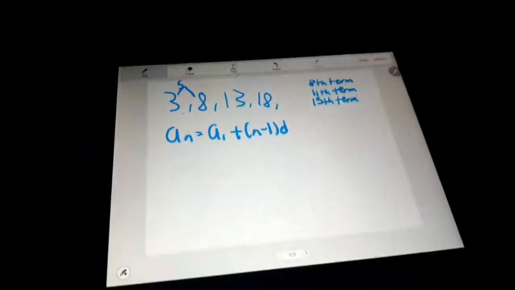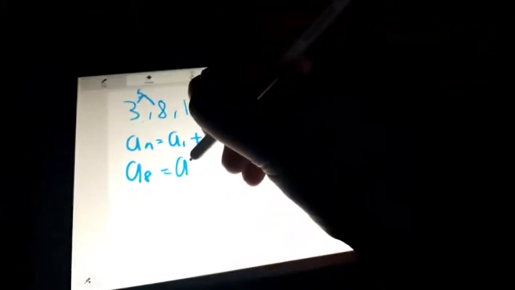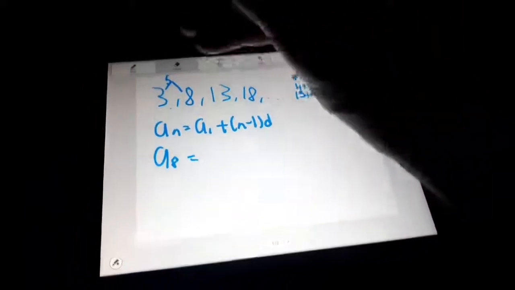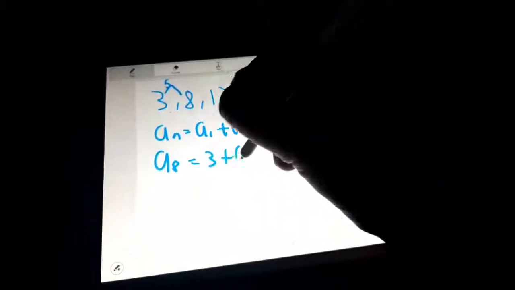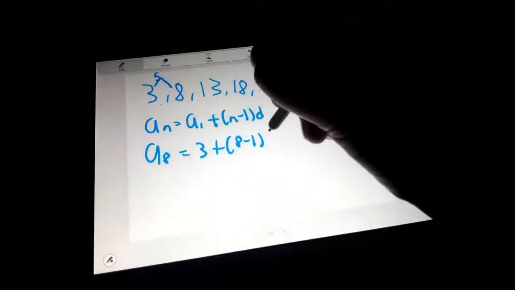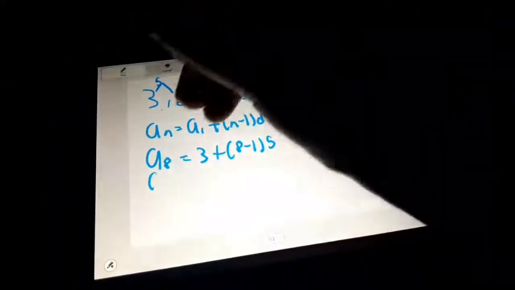Lagay mo dyan 5, tapos magsimula po. So, replace from n to 8. Three, lagay mo dyan 3 plus the parentheses of 8 minus 1 times 5. So, kailangan mag-apply the PEMDAS rule.